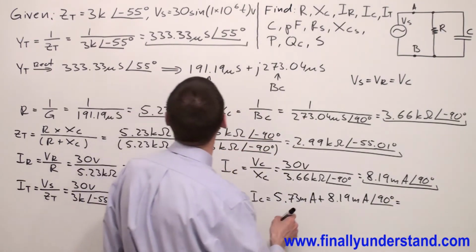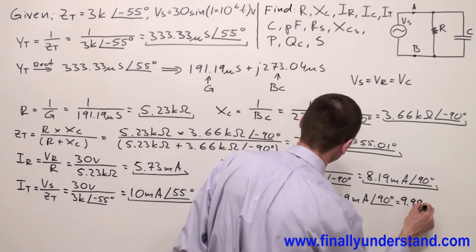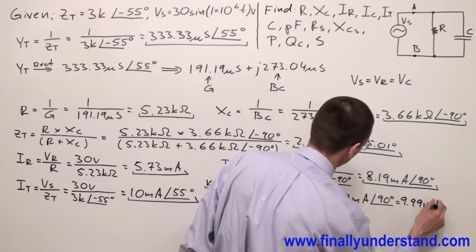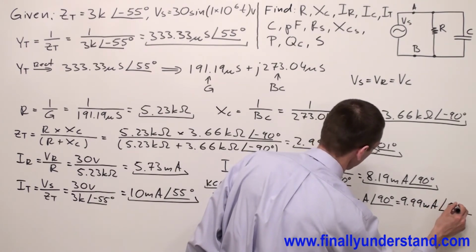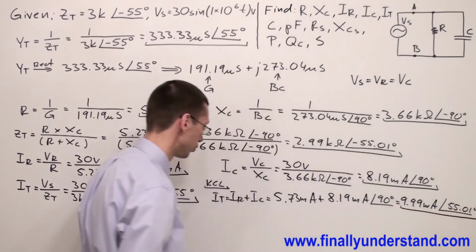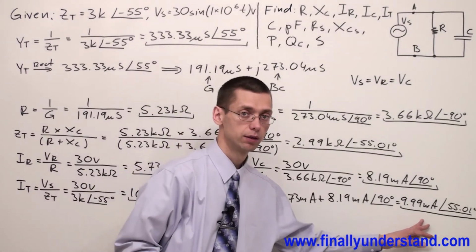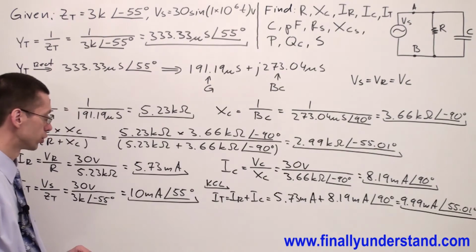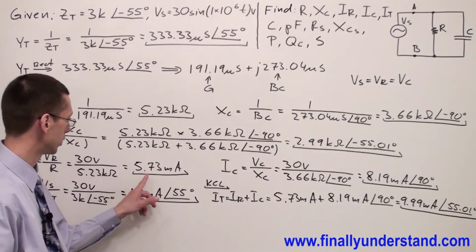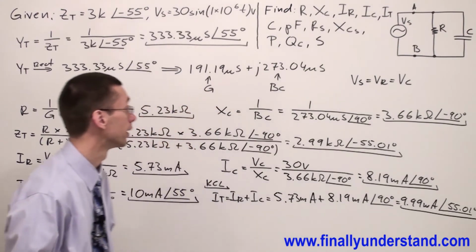This is equal to 9.99 milliamps and angle of 55.01 degrees. If you compare this value with this one, you are going to see that they are very close to each other. So it means that the values of the currents which we found are correct.